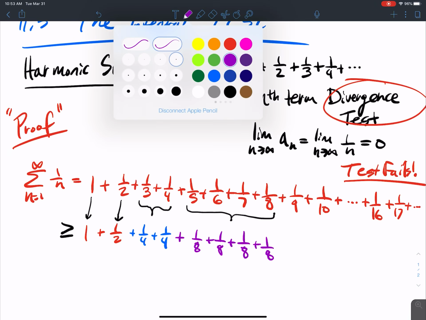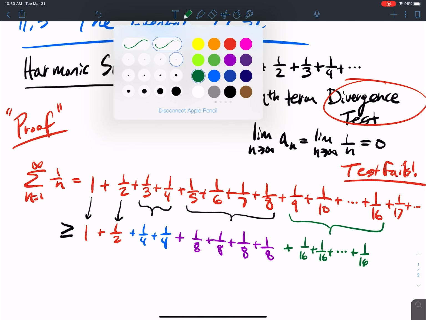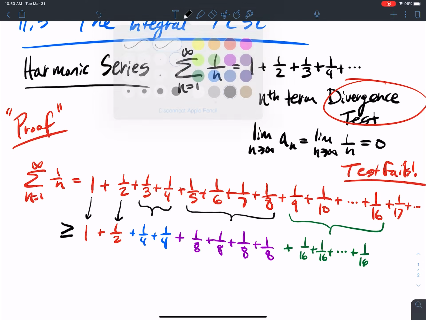And then I'm going to take these terms here, 1/9 through 1/16, and I'm going to add that up, 1/16 plus 1/16 plus dot dot dot plus 1/16, and so on. And I'm going to continue this pattern ad infinitum.